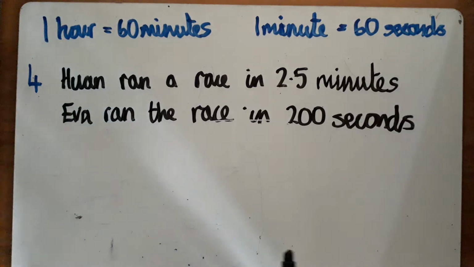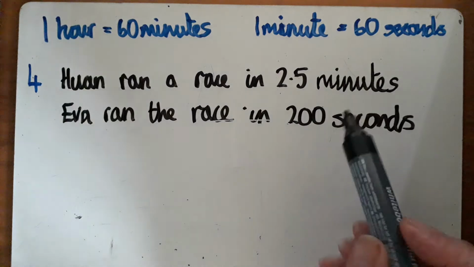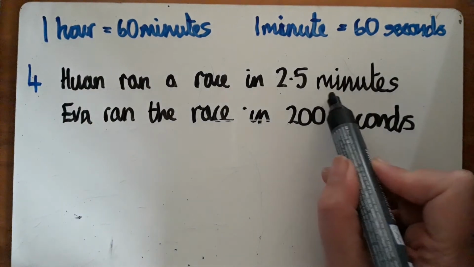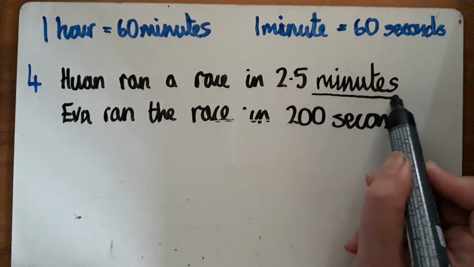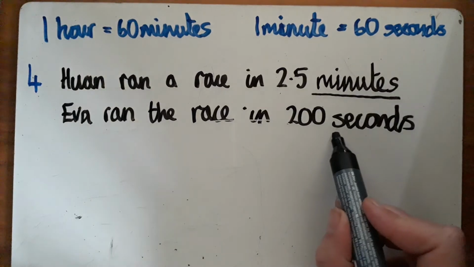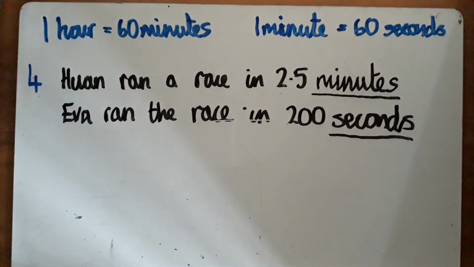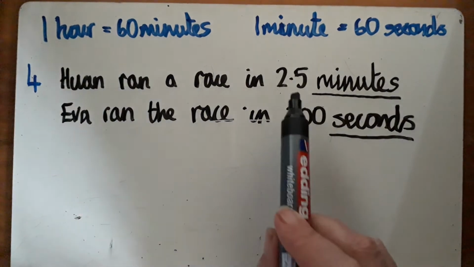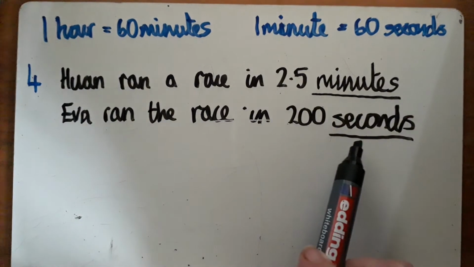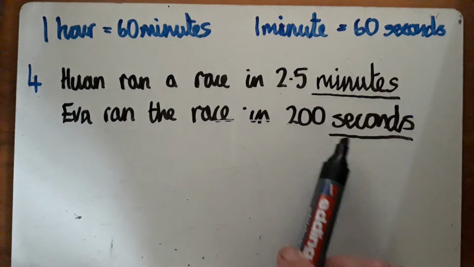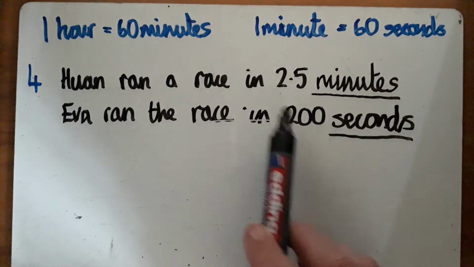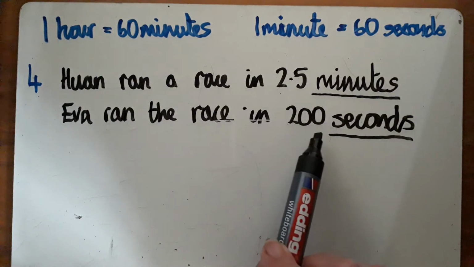The problem in the question comes because of the measurements of time: one is in minutes and one is in seconds. So I need to change the minutes into seconds so I can compare the time taken.